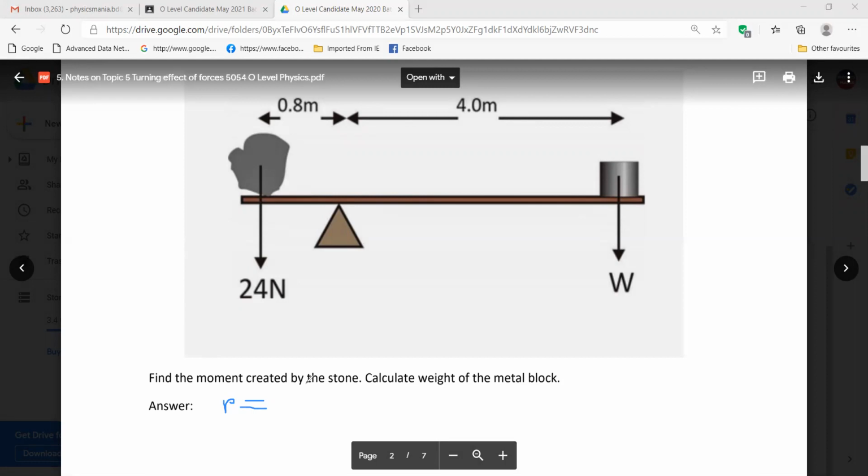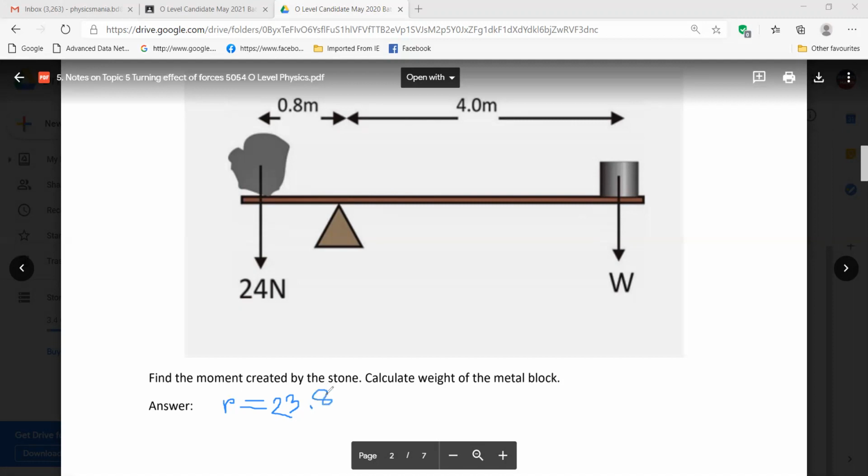So I got the answer. What is your answer? 23.2. How did you get 23.2? Force is 24 and distance is 0.8 plus 4.